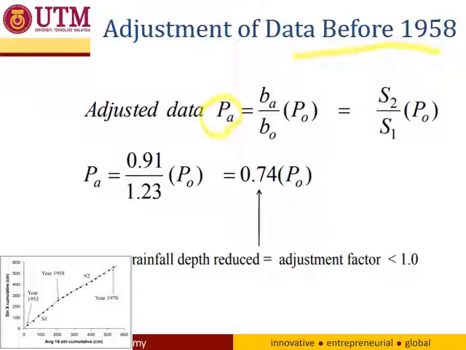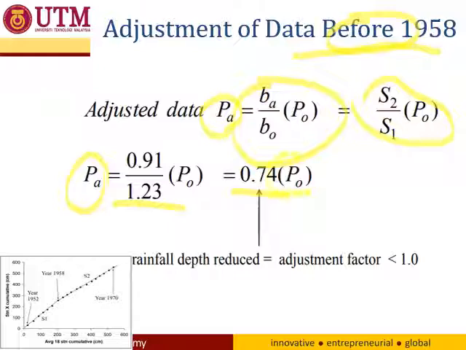We will get PA equal to this formula, and we will get the values based on your calculation. In the end, P adjusted, the rainfall of station X before 1958, we will get this factor 0.74 PO.